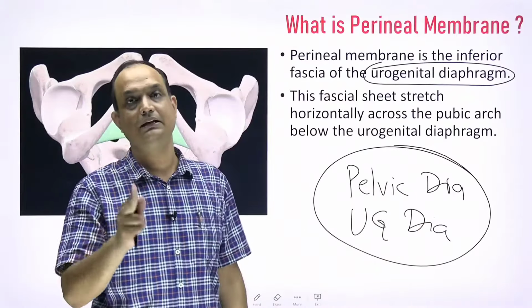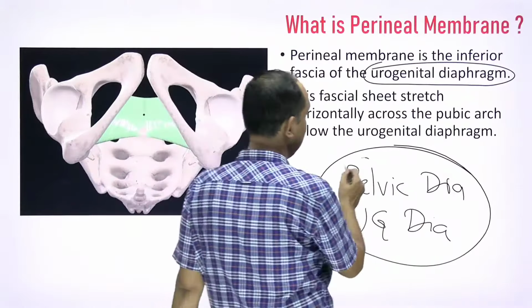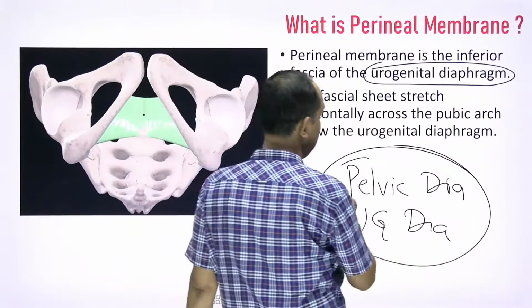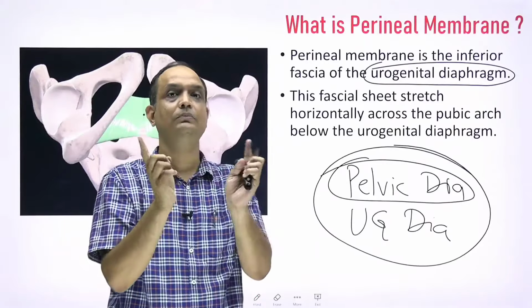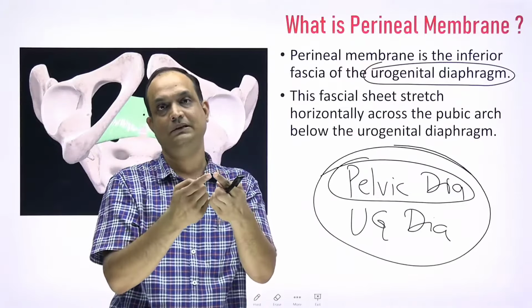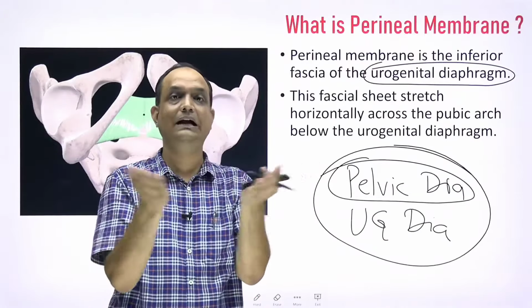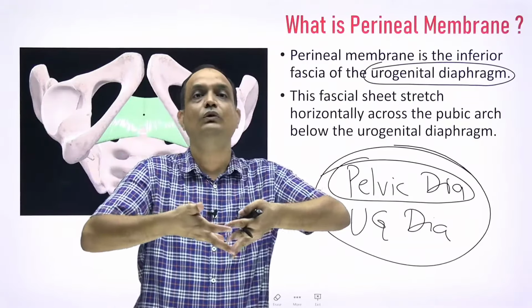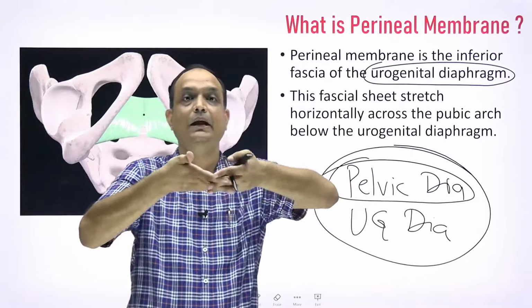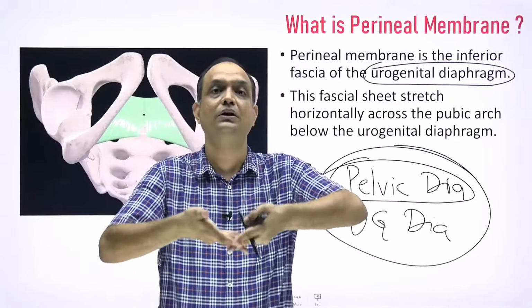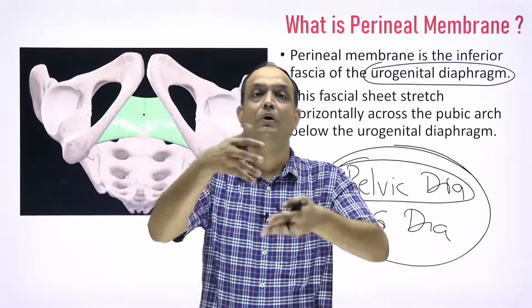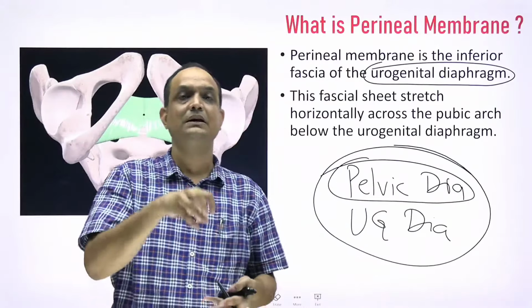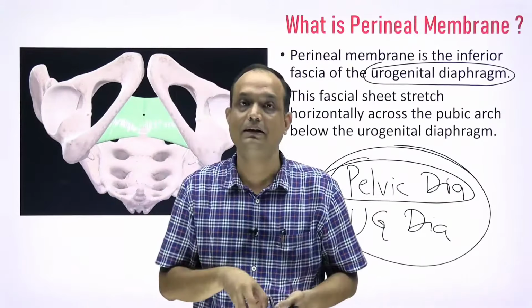The second thing is that the pelvic diaphragm is a complete diaphragm. That means it starts from the whole circumference of the pelvis: from the anterior side, lateral side and posterior side, and the fibers go downwards and medially and make a hammock-like structure to support the organs present in the pelvis, like the urinary bladder, uterus and rectum.